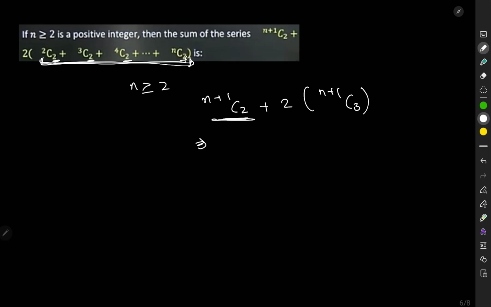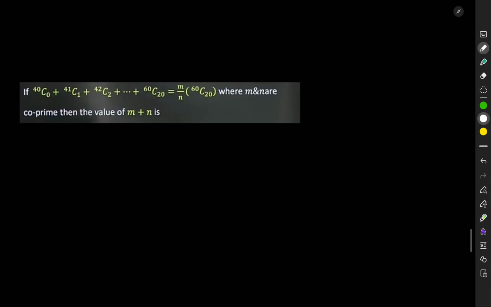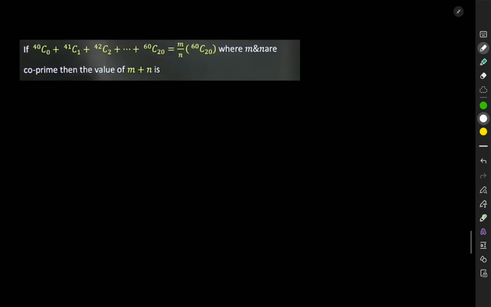Let's take the formula to simplify: n plus 1 by 2 plus 2 n plus 1, n plus 2 by 3 factorial, right? Simplify and get the answer. Let's not waste more time. Fine, that's easy, right?